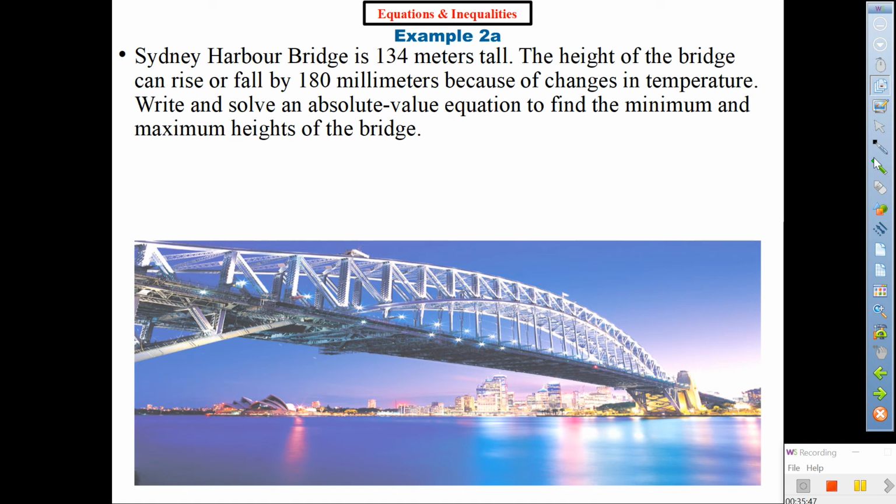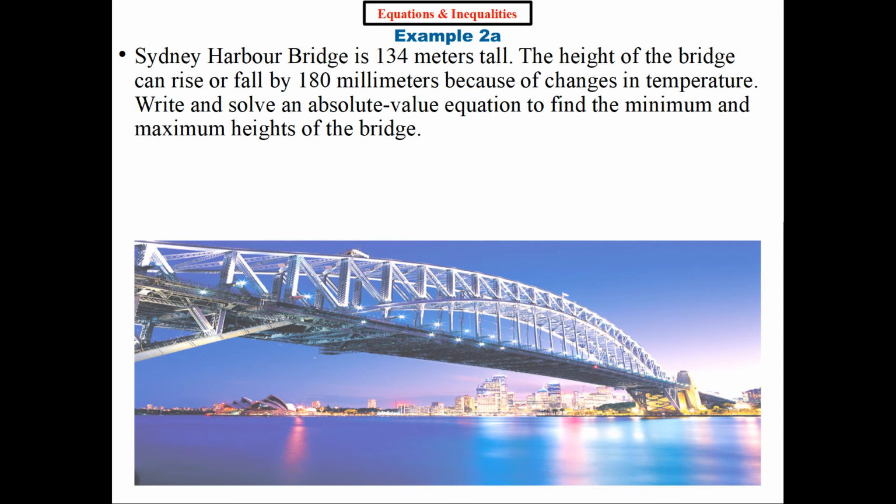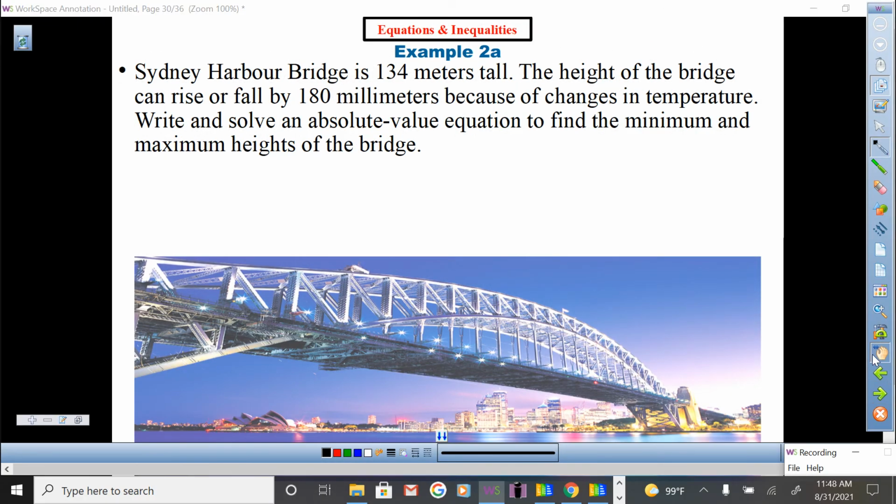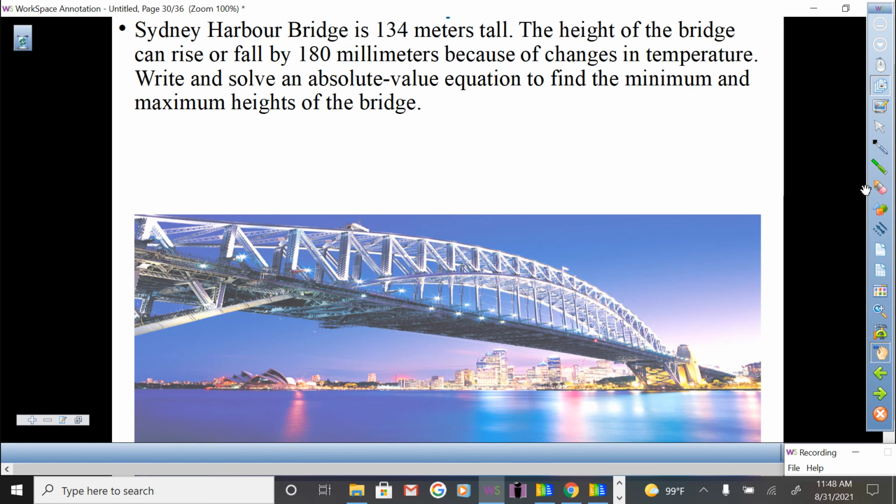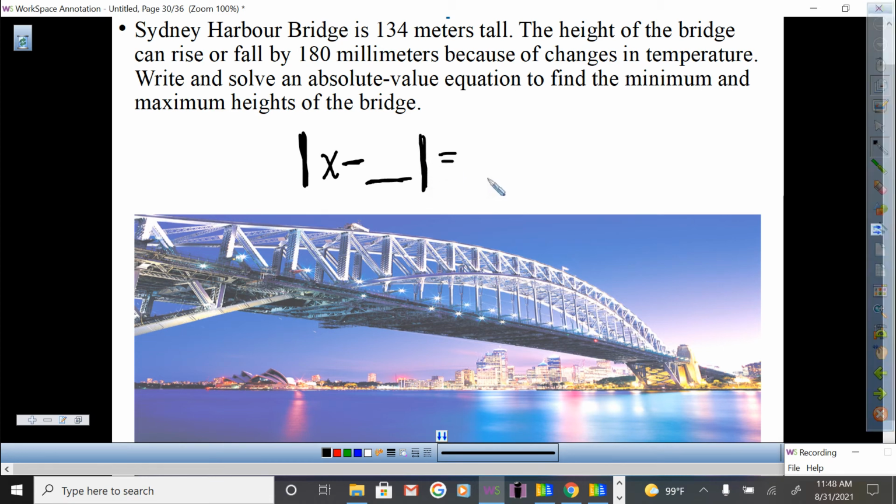So, if I was to ask you to write an absolute value equation for this one, look up. This is the setup that I would use. Absolute value of x minus blank, close the absolute value, equal to blank. Copy this, please.